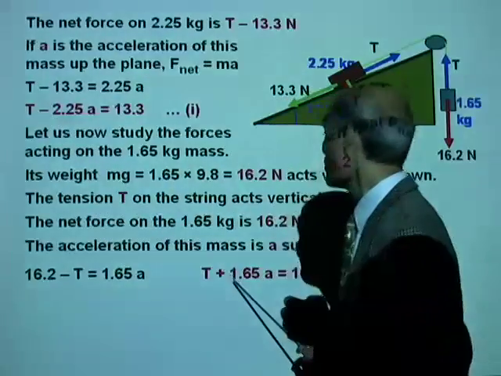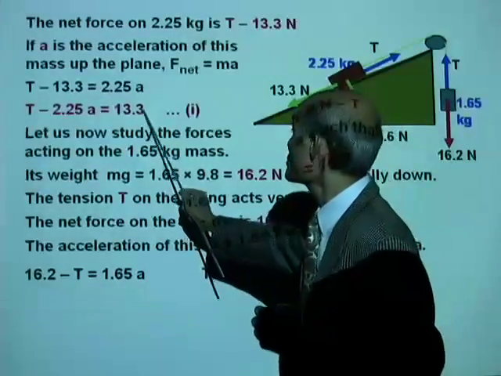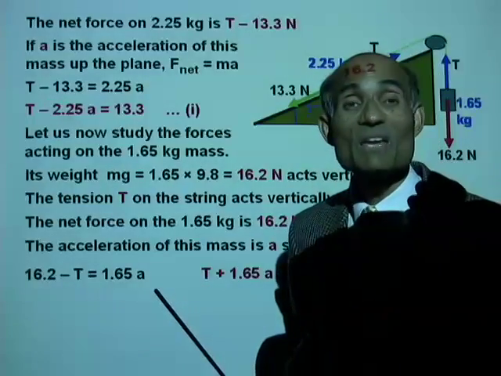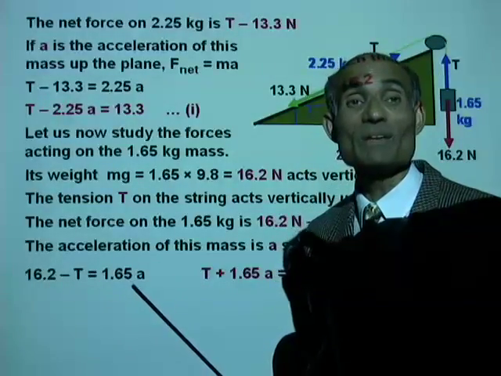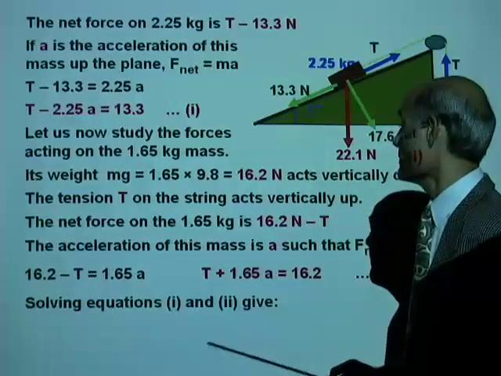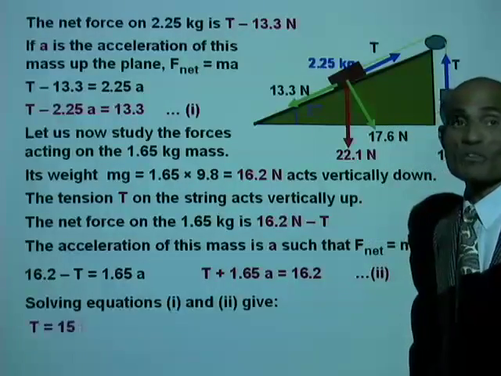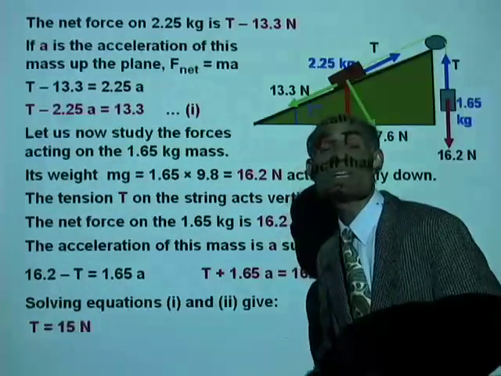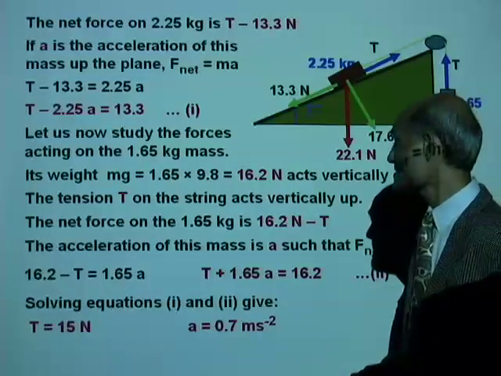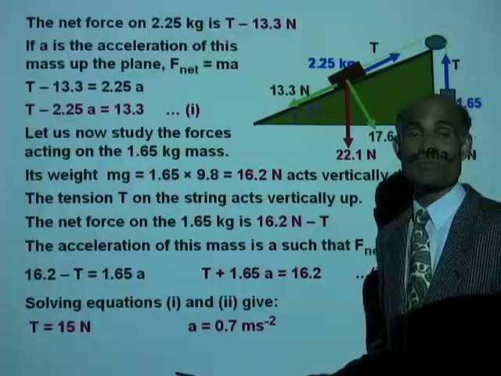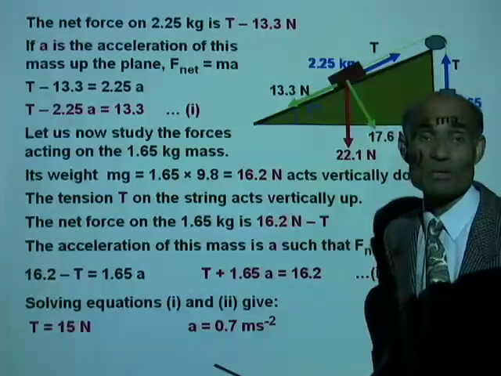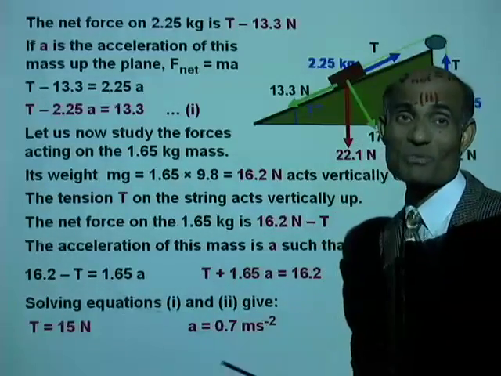Use a 2 by 2 matrix for the left side and a 2 by 1 matrix for the right side, and find A inverse multiplied by B, and that will give you the values of T and A. So I'm going to say, solving these equations gives T equal to 15 Newton and A equal to 0.7 meter per second squared. Alright? If anybody has any problems solving these equations, let me know. I'm sure you will have no trouble solving those equations.